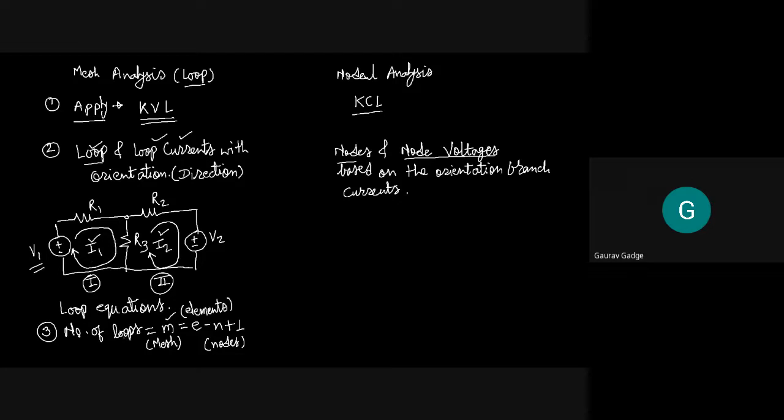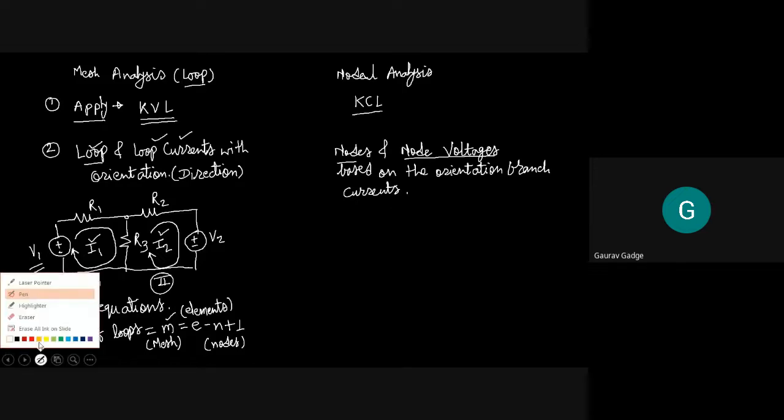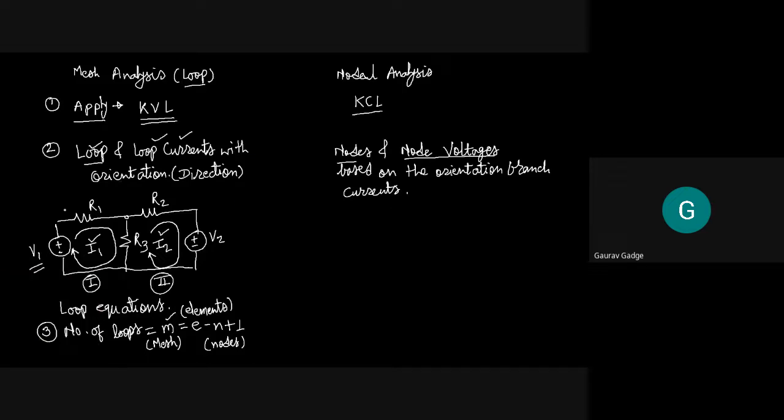Like in this case, there are 5 elements present: element 1, 2, 3, 4, 5. So just a revision, the number of elements is 5. The number of nodes: this is node 1, node 2, and node 3.